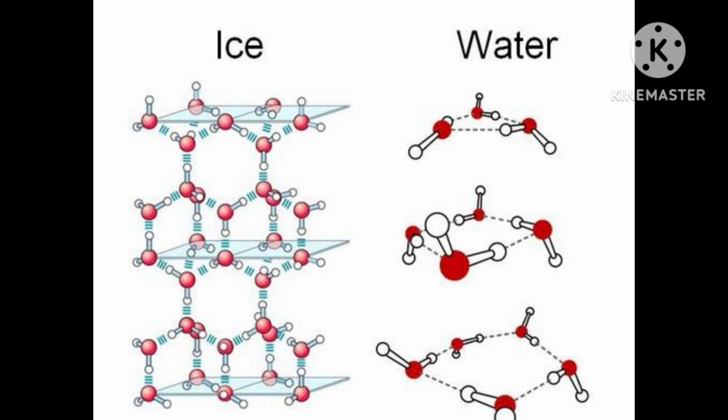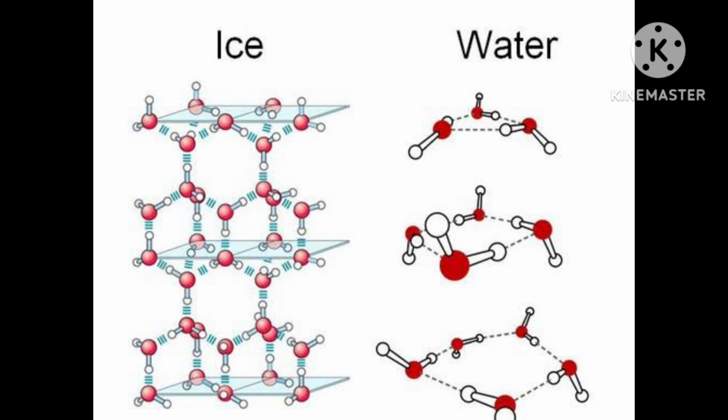Now water vapor. Liquid water, after getting heat, can have some bonds break, and it can escape and come to the atmosphere. That is actually vapor.